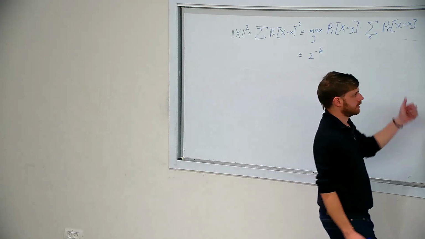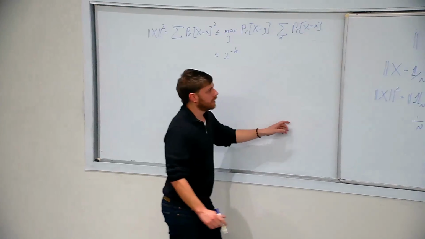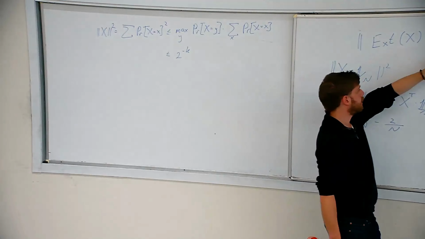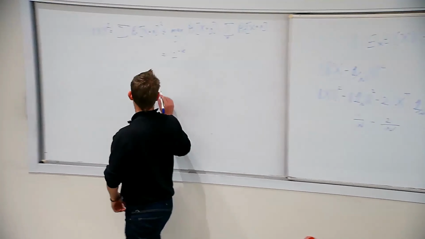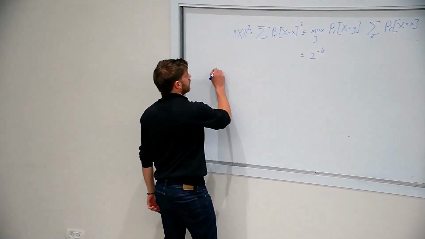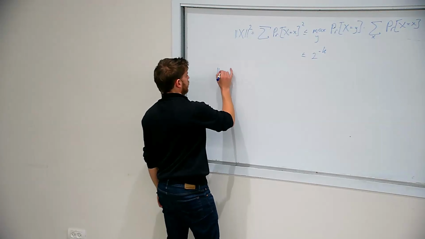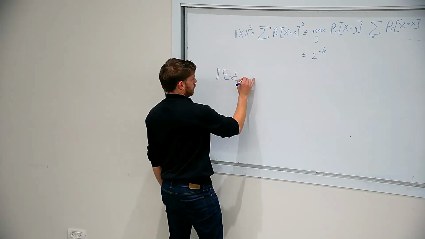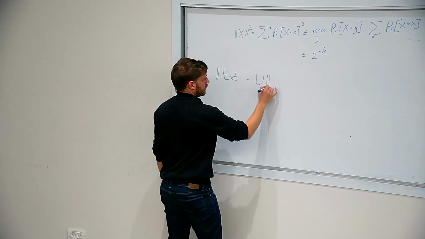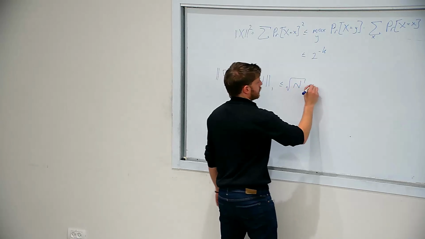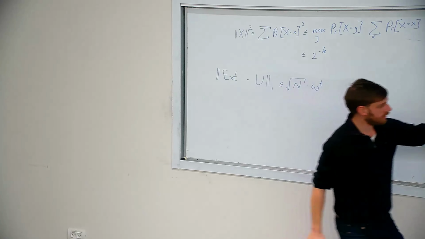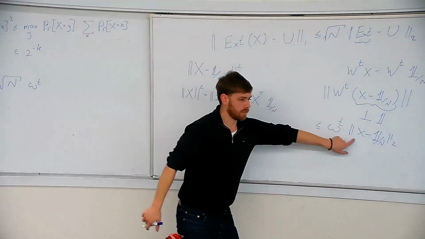Okay, so let's roll everything back. We had the one norm bounded by square root of N. So X minus u in the 1 norm is bounded by square root of N times omega to the T from here, times the norm.